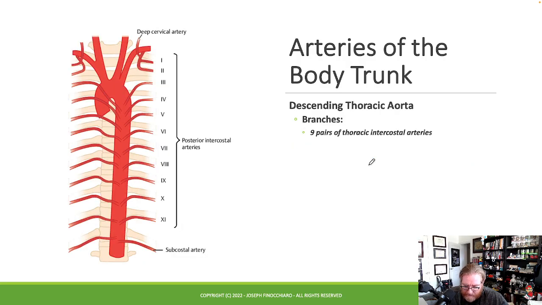Let's talk about the descending thoracic artery, intercostal arteries. So the thoracic intercostal arteries are exactly that: your chest, rib arteries, right? Because your intercostal muscles are in your ribs. You have 9 pairs of these things.